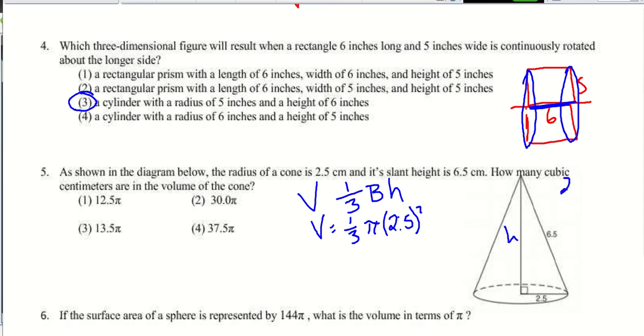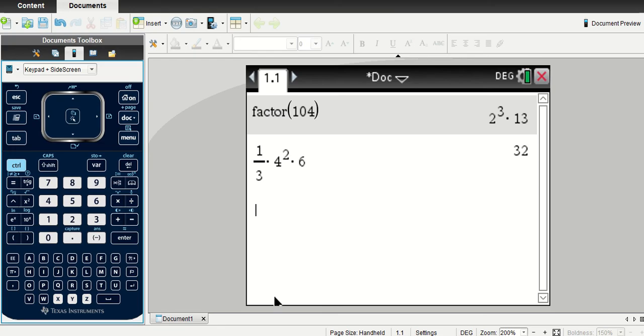Remember, 2.5 squared plus h squared is equal to 6.5 squared. We can rearrange this into 6.5 squared minus 2.5 squared is equal to h squared, and we have to square these out before we subtract them. So it's not equal to 4 squared, so be careful.